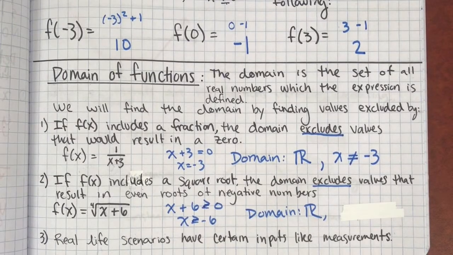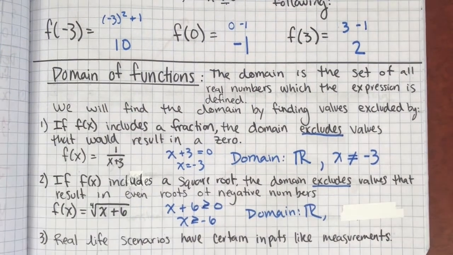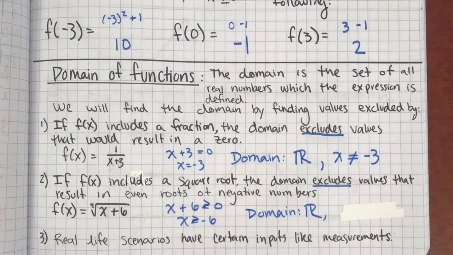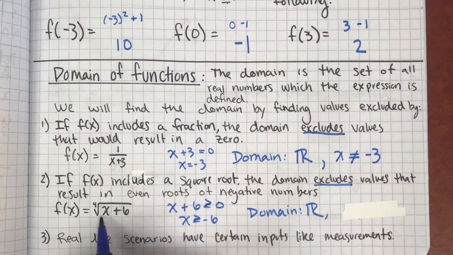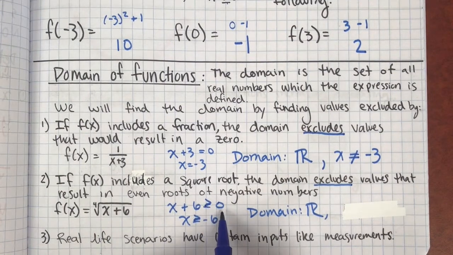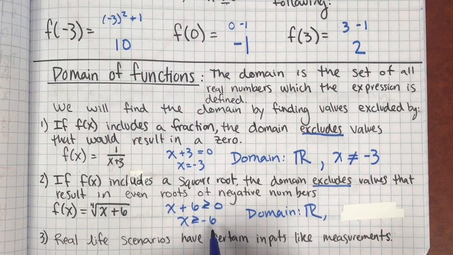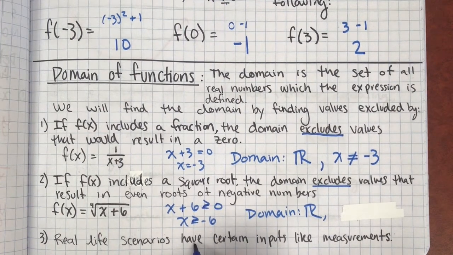So for number 2, this would be for any square root or any even root, really. The domain excludes values that would result in an even root of a negative number. So for this, we would put what's underneath our root greater than or equal to 0, because we can't have numbers that would result in a negative number.